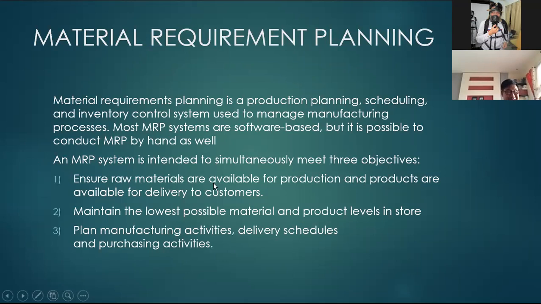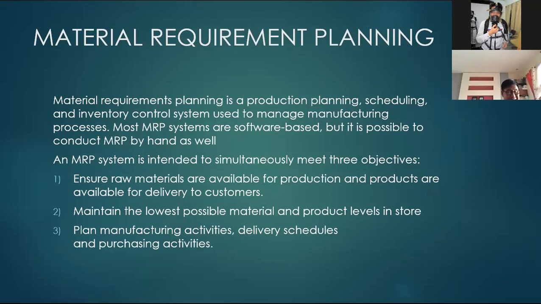Number one, ensure raw materials are available for production and products are available for delivery to customers. Number two, maintain the lowest possible material and product levels in store. And the third and the last is to plan manufacturing activities, delivery schedules, and purchasing activities.